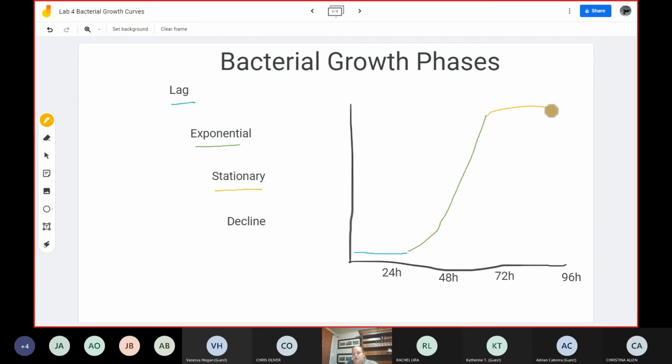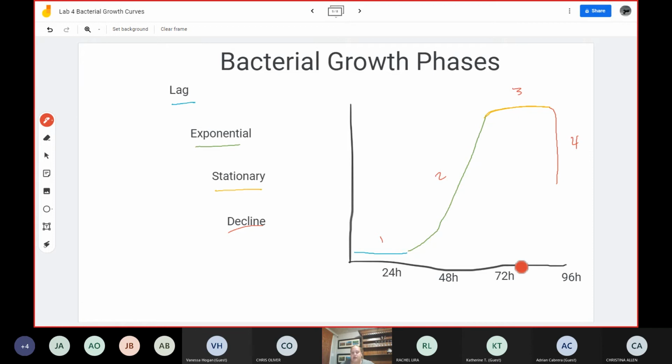Once they start running out of nutrients in their broth, they're going to go into a stationary phase. And then finally, if they use up all their nutrients or get old and die, you will see a decline at some point. So these are the 4 phases, 1, 2, 3, and 4.